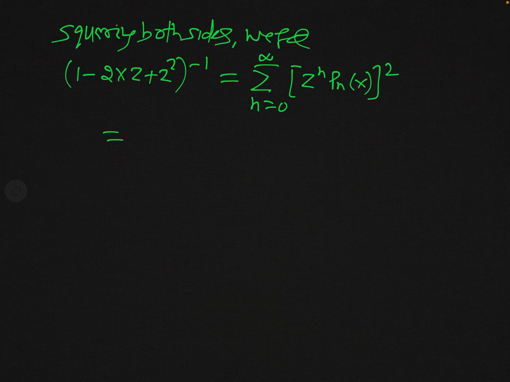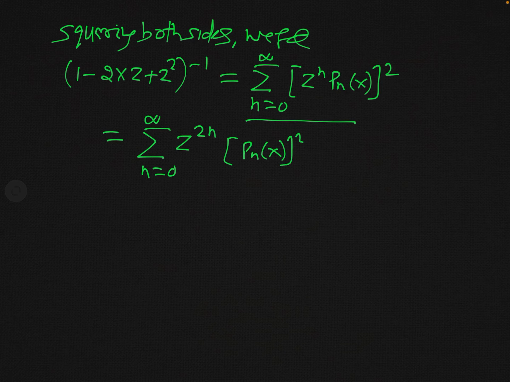So this expression in the RHS can be written as summation n 0 to infinity z to the power 2n into Pn of x whole square, and plus, these are the similar terms, and now we will consider the cross terms.